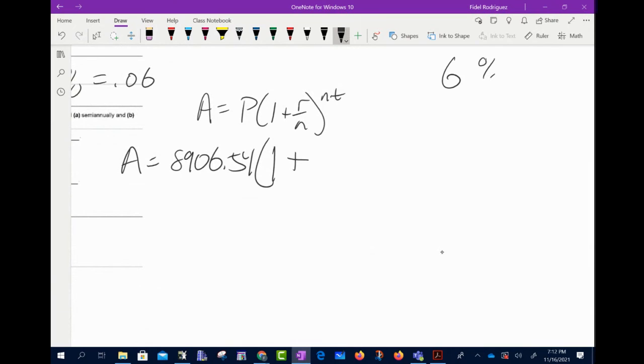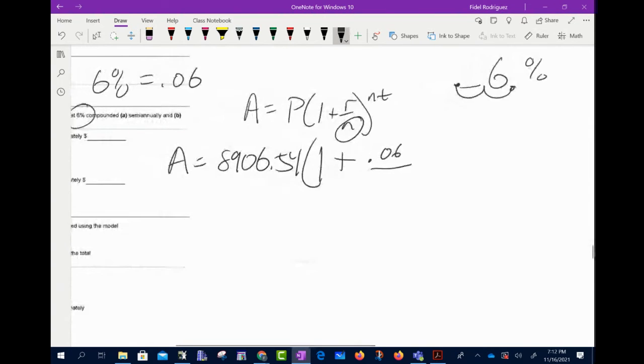When you have 6% like this, if you don't see the decimal, it's always understood to be at the end of the number. Going from a percent to a decimal, you're always going to move your decimal 2 spaces to the left. 1, 2. If there's nothing here, I got to put my 0. Again, placeholder type stuff.